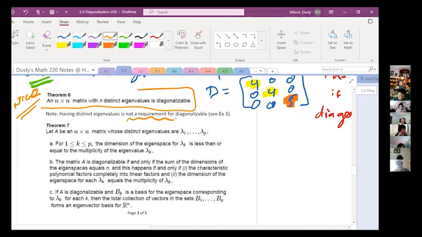For k between 1 and p, the dimension of the eigenspace for lambda k is less than or equal to the multiplicity of the eigenvalue lambda k. The dimension of the eigenspace right here, this is what I'm calling the geometric multiplicity.